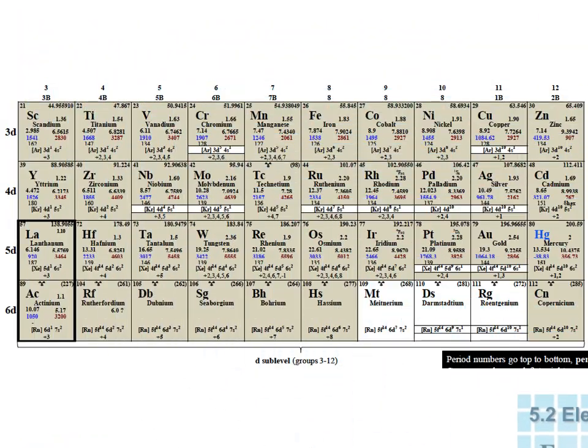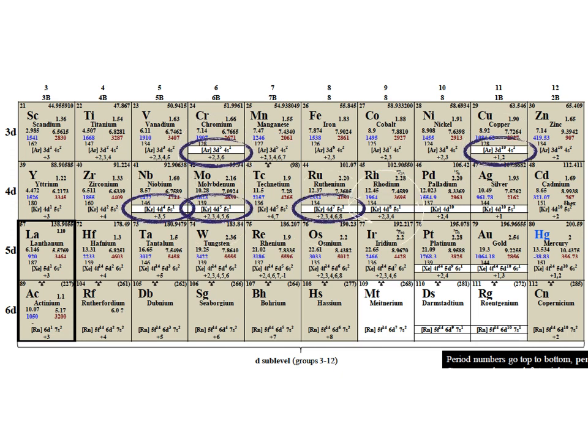Now, I'm going to show you the exceptions. Chromium, copper, niobium, molybdenum, ruthenium, rhodium, palladium, silver, platinum, and gold. And the two new ones that were just recently created. If you notice, they are different on your periodic table because their electron configurations are blocked out in white.